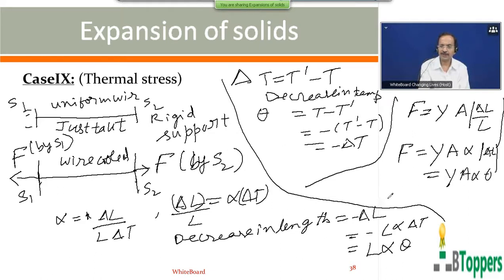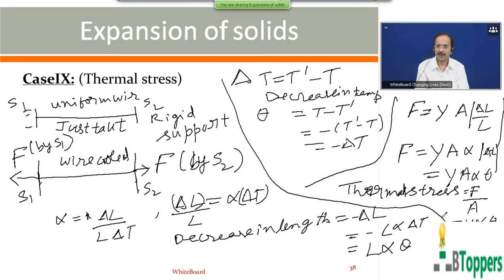The theta is the fall in temperature or decrease in temperature. So here also stress will be developed in the wire, which we call thermal stress. That is equal to the magnitude of the tension force developed in the wire per unit area of cross section, F by A. That again comes out with the formula Y alpha theta, or Y alpha into mod of delta T.